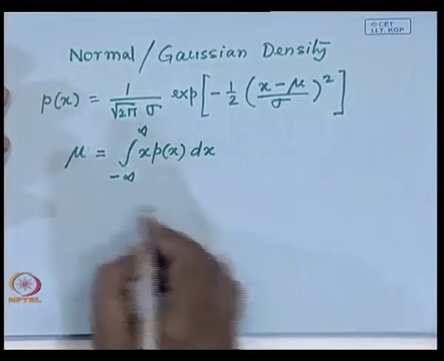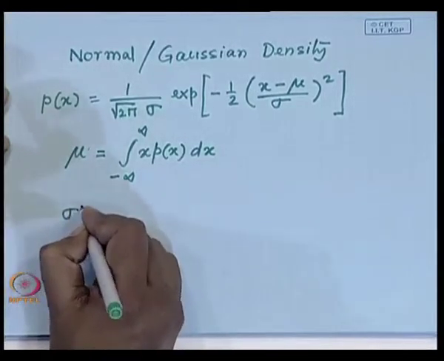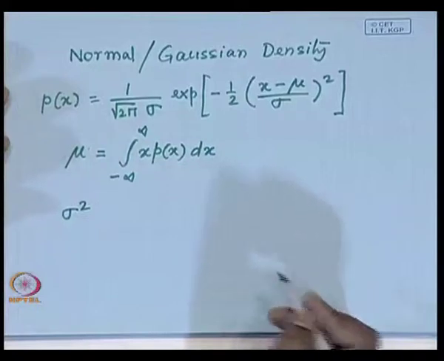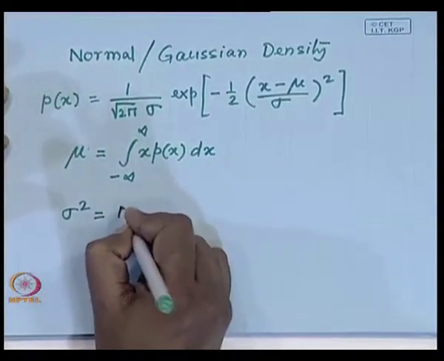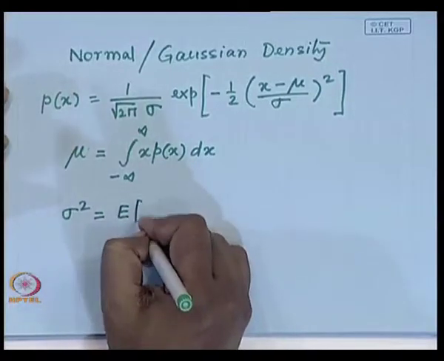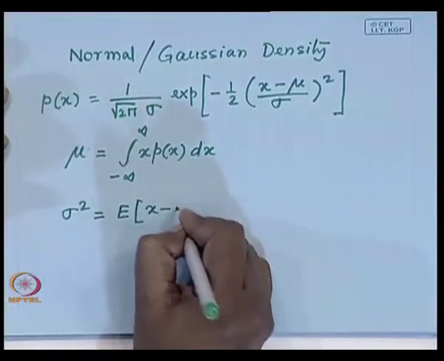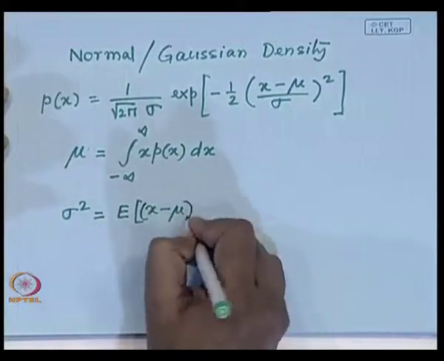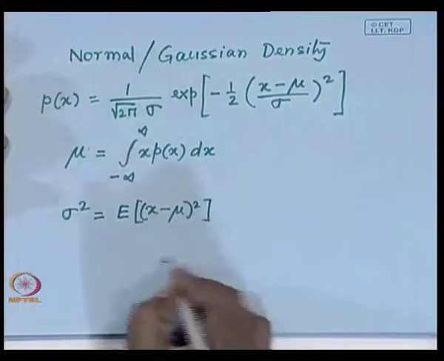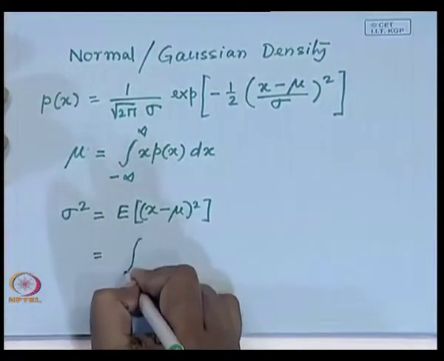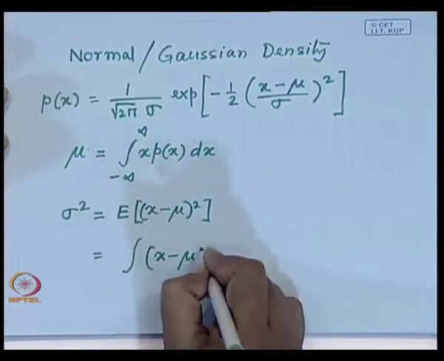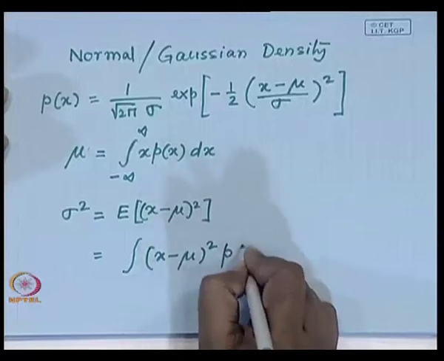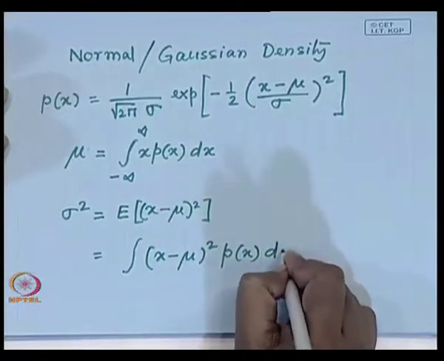And sigma square, which is the variance, or sigma, which is the standard deviation, is simply given by the expectation value of (x minus mu) square, which is nothing but integration (x minus mu) square p of x dx.